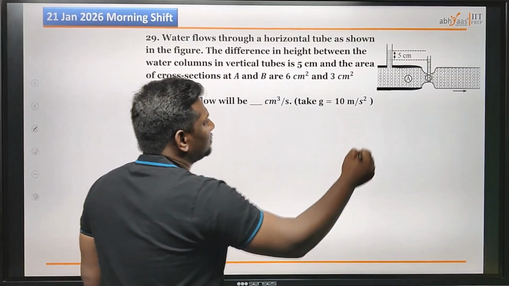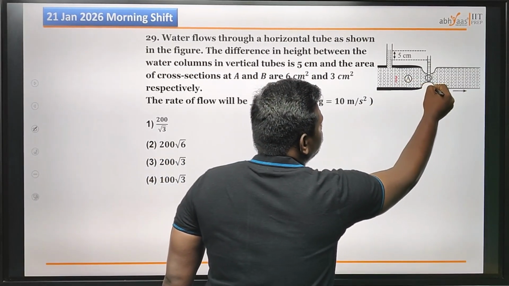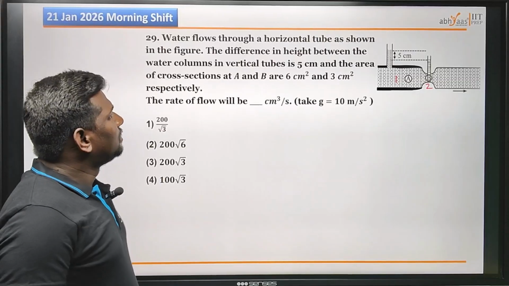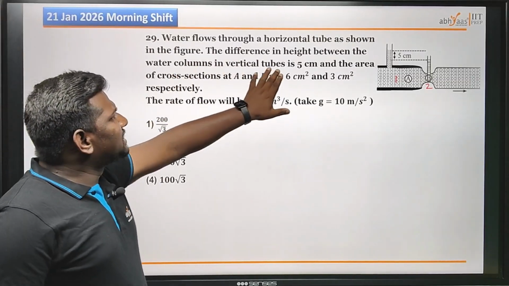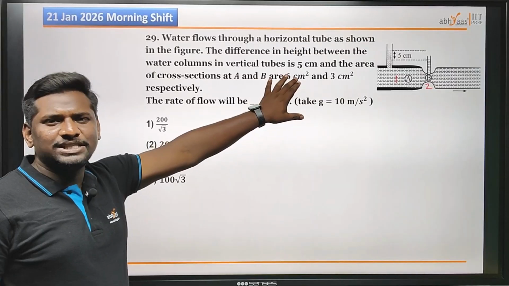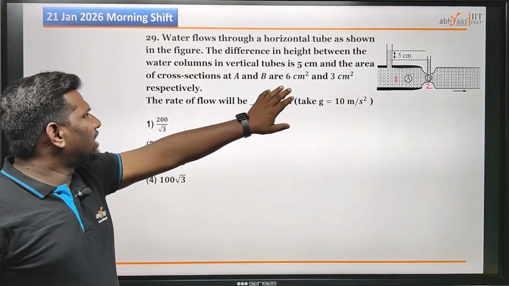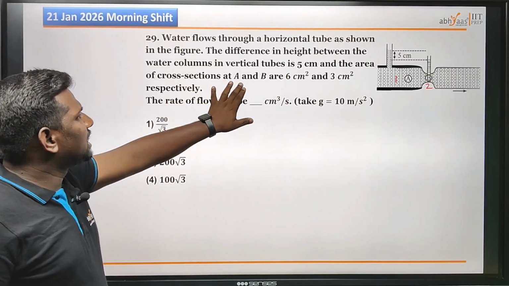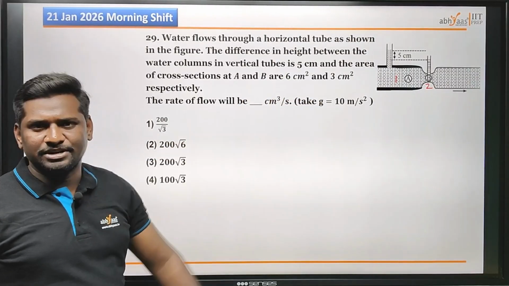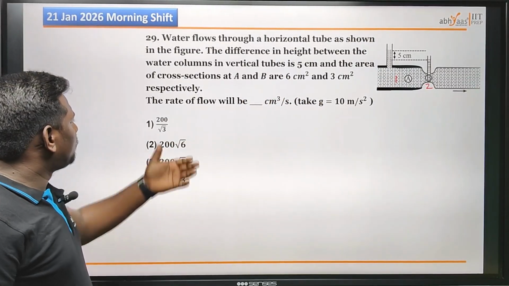Take it as part 1 and part 2. The difference in height between the water columns in vertical tube is 5 centimeters. And the areas of cross section at A and B are 6 centimeter square and 3 centimeter square.